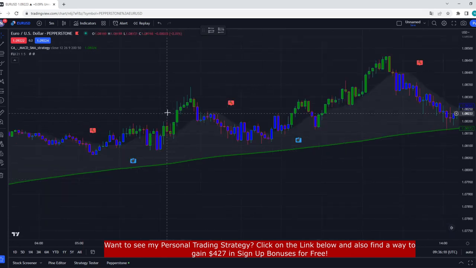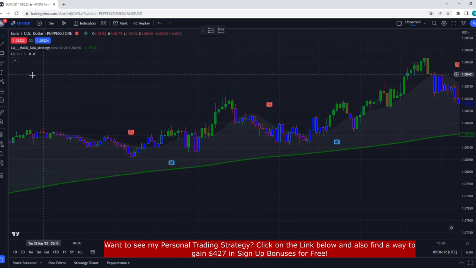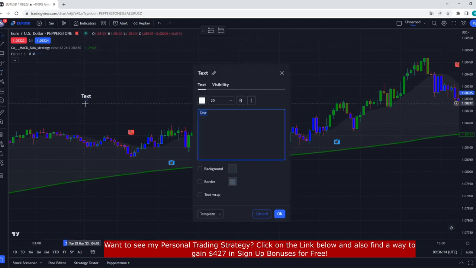Let's have a look now at our trading rules. So for a long trade, we have three conditions that we want to have met. Our first condition is that the market is above our 200 SMA. Second, we want our SMA to be green, so our market is above our green line.